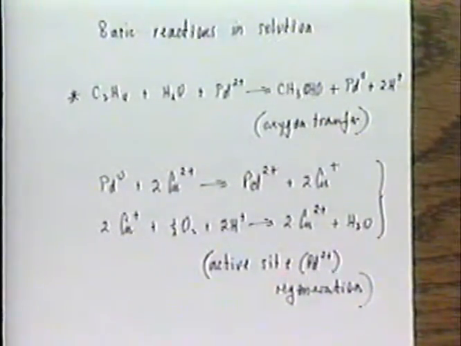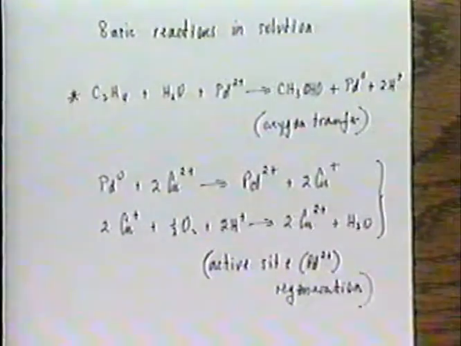If that was all there was to it, that would be a simple stoichiometric reaction, and one would have to do something to reoxidize the palladium, which has functioned as a reducing agent, back to palladium 2.